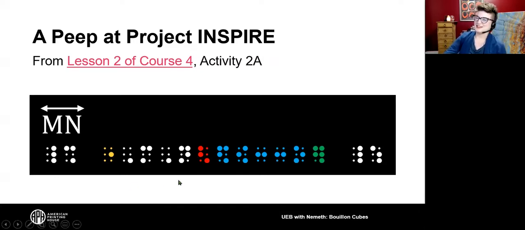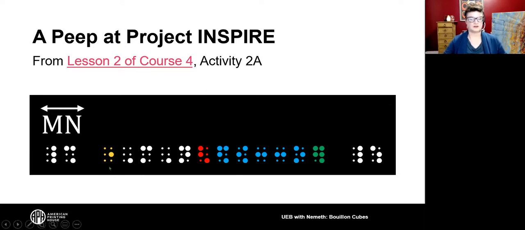Did you notice that the types of Braille cells here are color-coded? For those of us who are in some way using our sight to examine Braille, this color coding can be helpful in the Project Inspire materials, where certain kinds of cells are colored in a certain way in order to emphasize what group goes together as well as what's happening where.